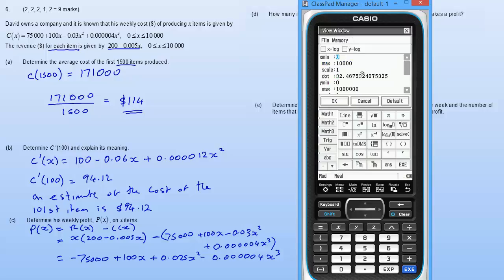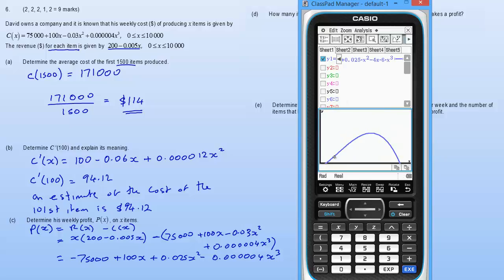And we were interested in where it actually cuts the x-axis, so maybe it might have been better to make that negative 1,000 or something like that. And then we know that he makes a profit once it's passed here. So analysis, gsolve, root, and here we go.